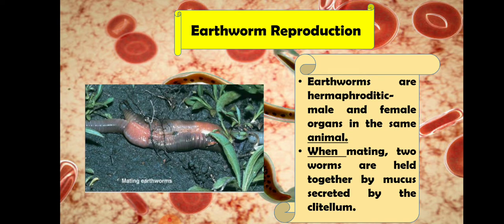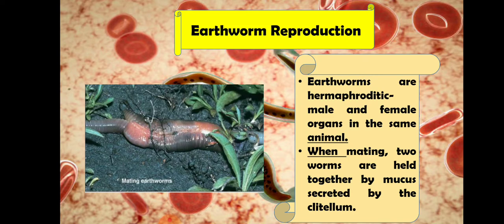So, the earthworm reproduction. Earthworms are hermaphroditic, male and female organs in the same animal. So when mating, two worms are held together by mucus secreted by the clitellum. So annelids like earthworms mate by copulation.